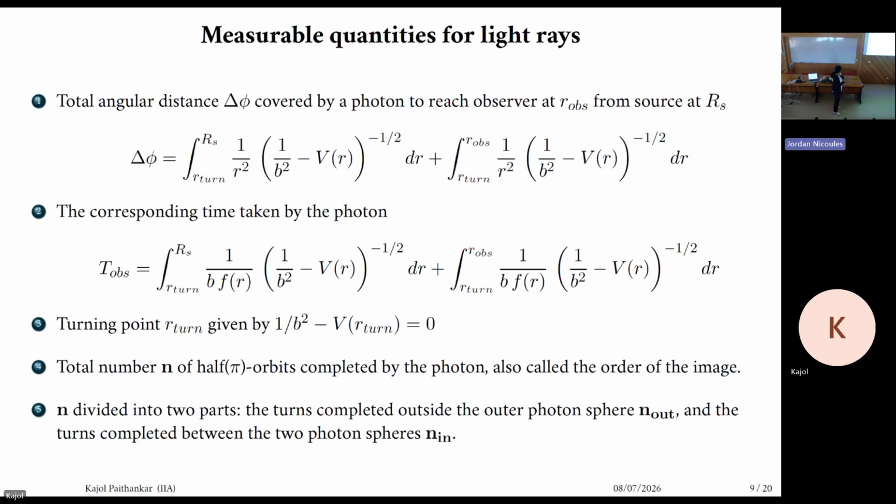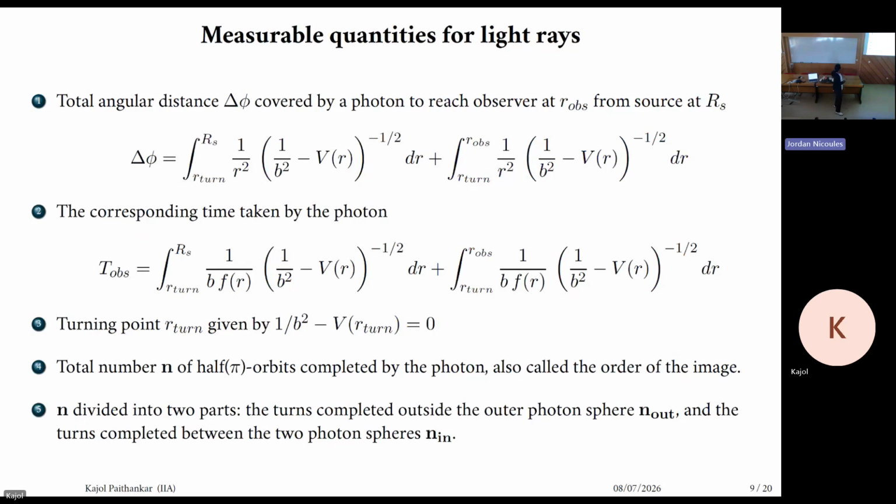Additionally to these three things, I can define the total number of half orbits. When I know delta phi, the total angular distance covered by the photon, I can just divide it by pi, and the closest smaller integer that I get is what will define my complete half orbits. So if it takes 1 pi, 2 pi, 3 pi, or 4 pi, that gives the number of loops the photon is making around the black hole.